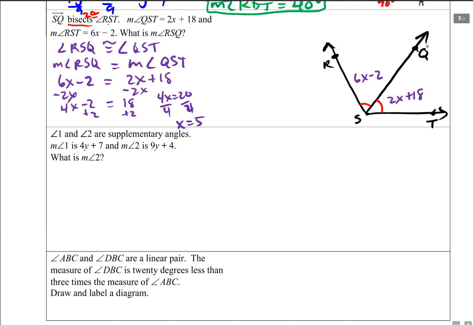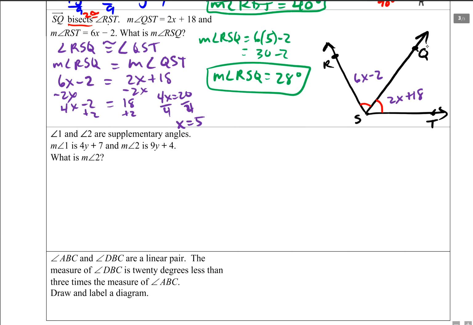And what am I trying to find? RSQ. So the measure of angle RSQ, I simply substitute in 5, is 6 times 5 minus 2. That's 30 minus 2, so the measure of angle RSQ equals 28 degrees.